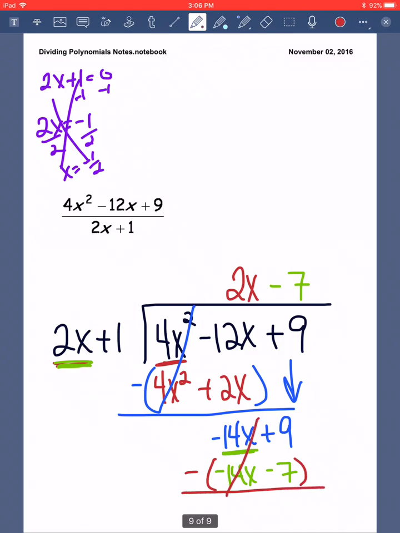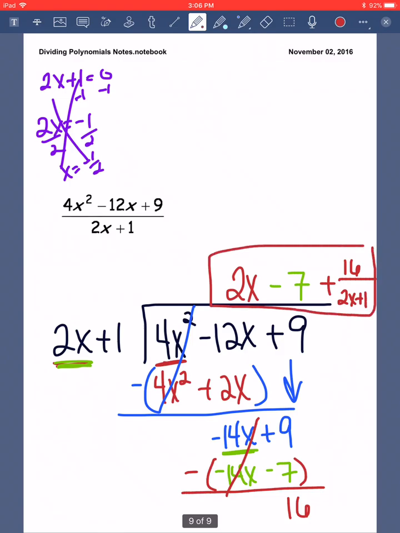And 9 minus negative 7 is positive 16. I have nothing else to bring down, so that 16 is going to be my remainder. So plus 16 over 2x plus 1. So I get 2x minus 7 plus 16 over 2x plus 1. And that is it for synthetic division and a little bit of long division.